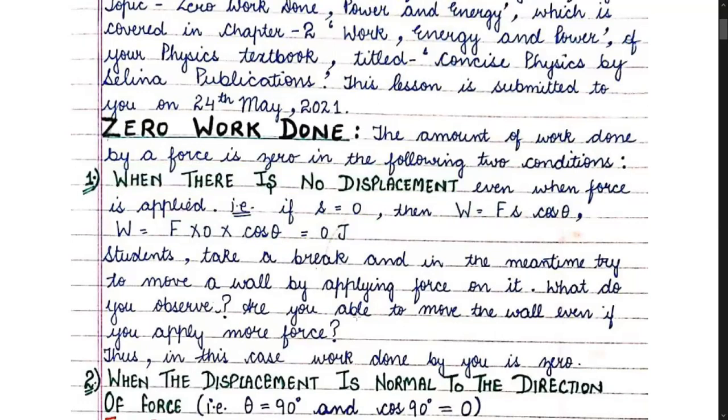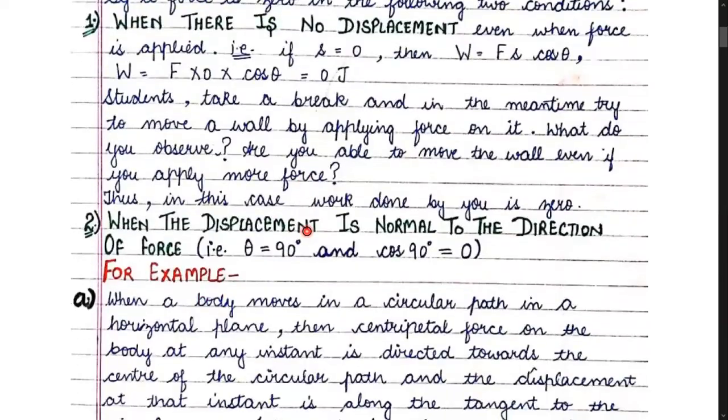Now you are applying much force, but are you able to move the wall? The answer is no. So in this case, even you are applying force, but work done by your force is 0. I hope this is clear.